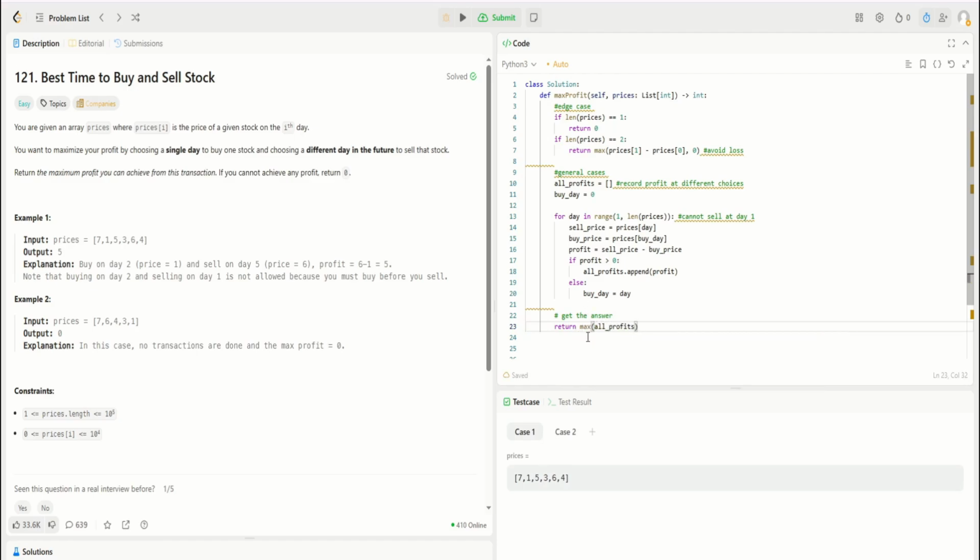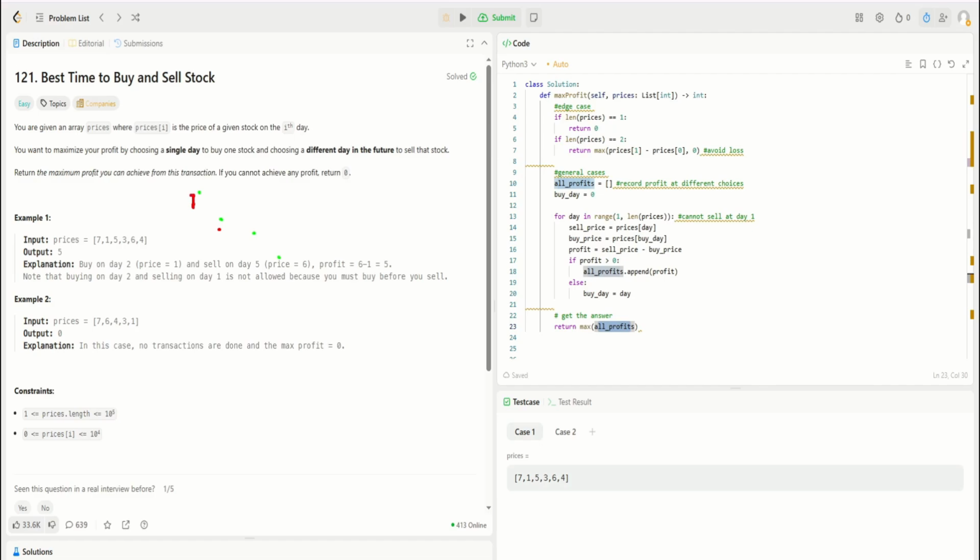However, if we only return the max of all profits, what happens in this case, right? In this case, we cannot append anything to all profits, since all choices are losses. In other words, let's visualize it. It's a decreasing sequence, right? So we are just literally dropping the buying point.